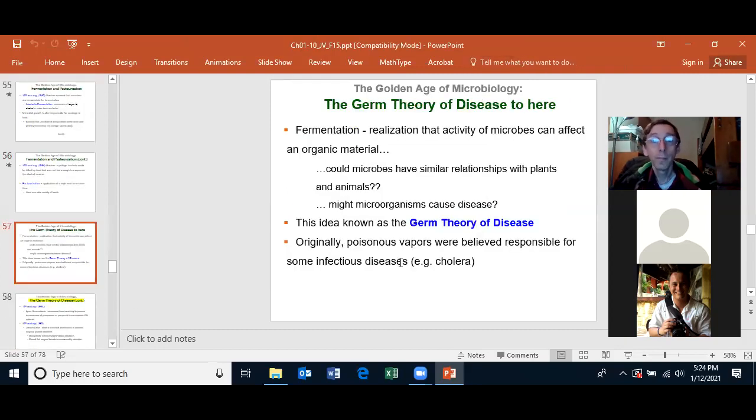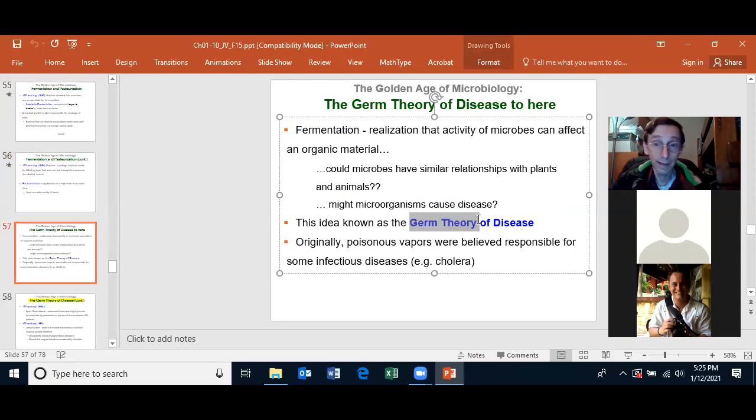So with Louis Pasteur's work on fermentation, the realization that microbes can affect an organic material and then cause it to go bad, people were wondering, could microbes have a similar relationship with plants and animals? Might microorganisms cause disease? There is not one person who came up with the germ theory of disease.